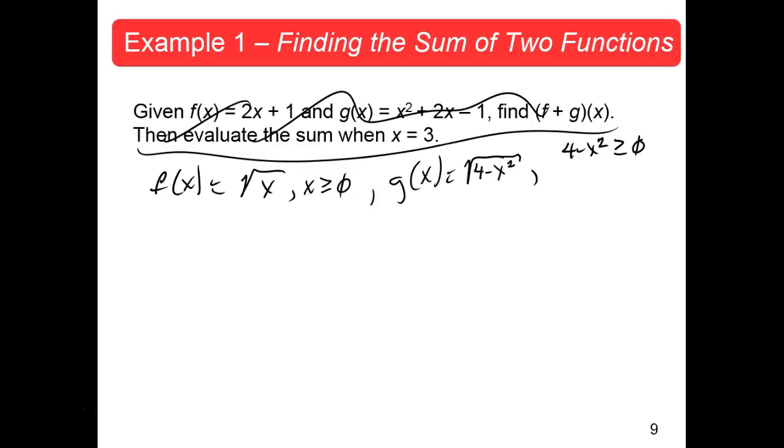The result of addition is a sum. The result of subtraction is a difference. This is a difference. And what do you notice about these two entities here? 4 is a perfect square and x squared is a perfect square. Perfect. This is the difference of two perfect squares, right? And we know what we can do with that.